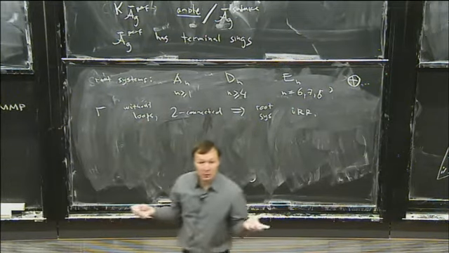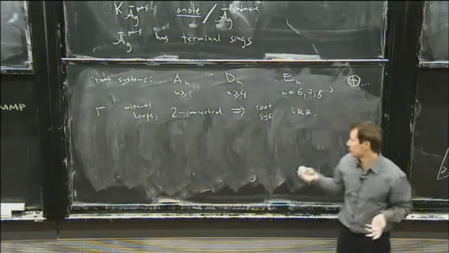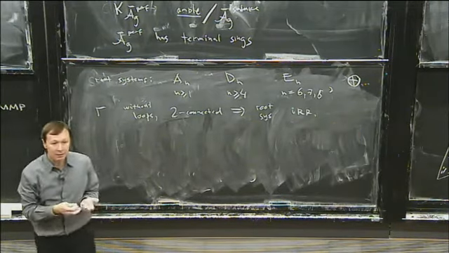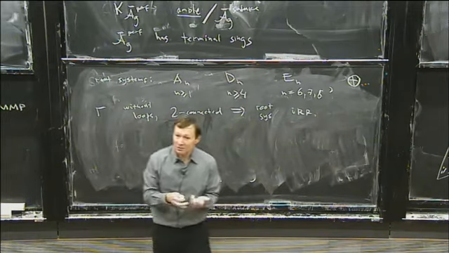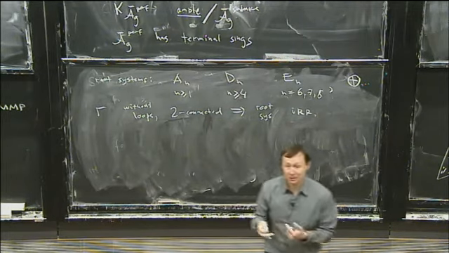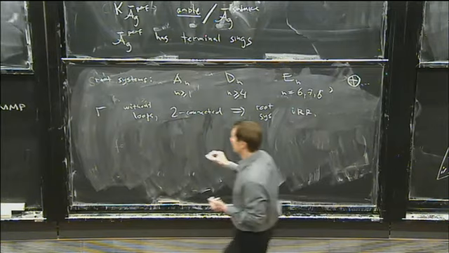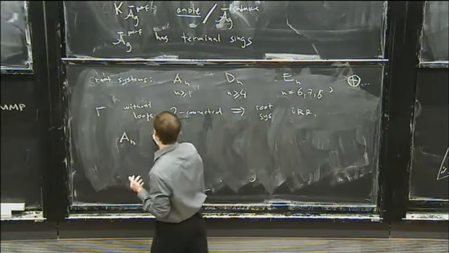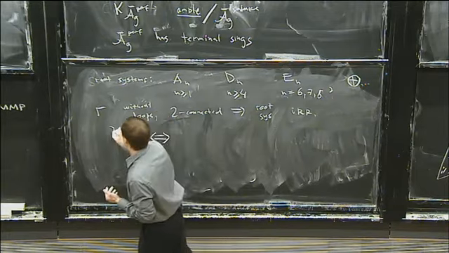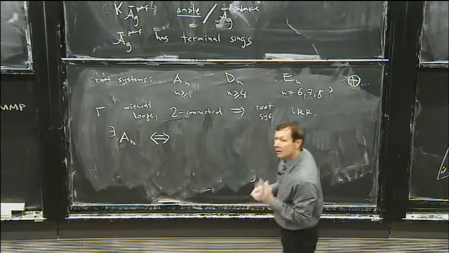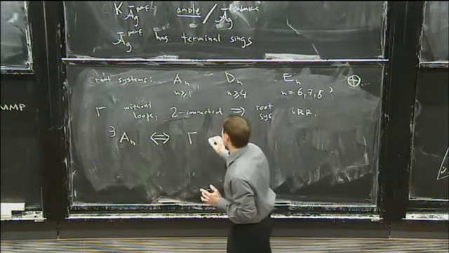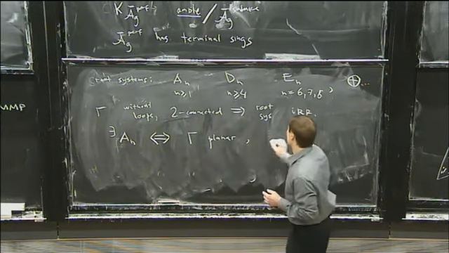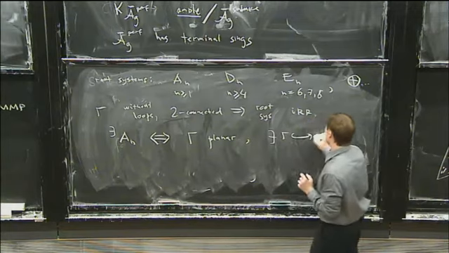And so now all you have to know is what kind of curves correspond to A_n, what are the D_n curves, and what are the E_n curves. And the answers are as follows. There exists a root system of type A_n if and only if the graph is planar, so that there exists an embedding of this graph into S2.